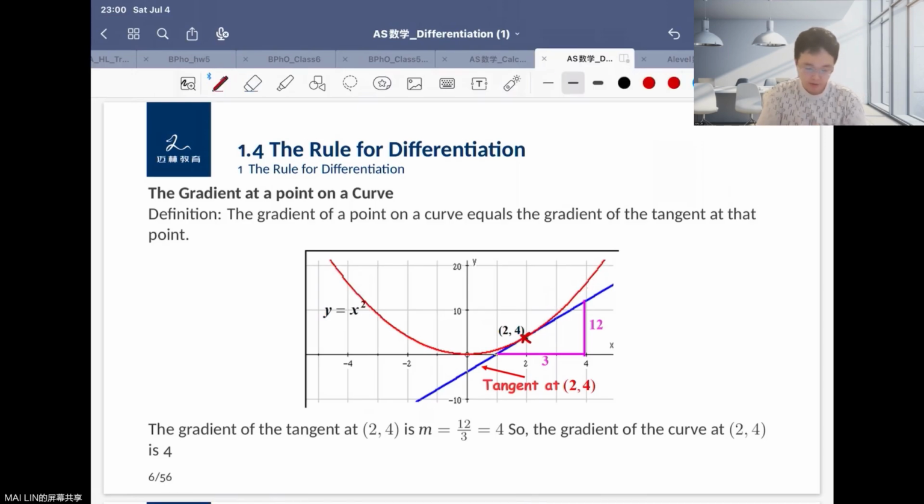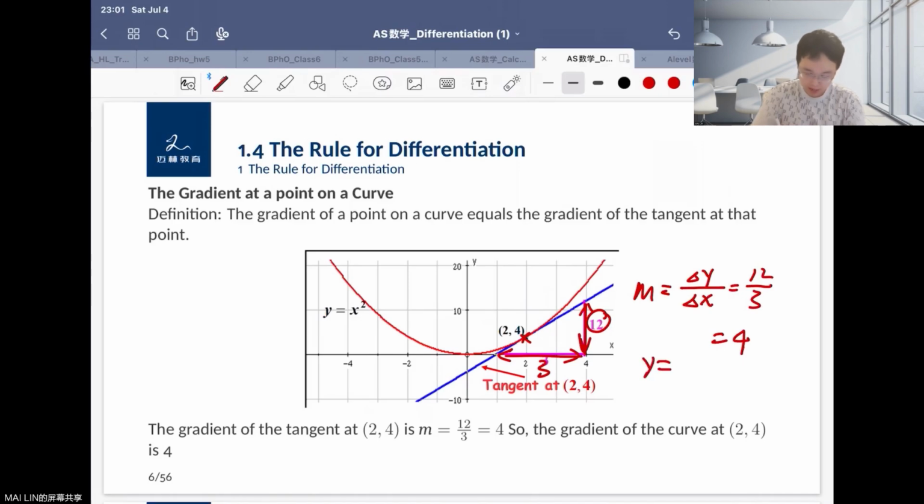We draw a tangent across (2, 4). Here the change in y is 12 and the change in x is 3, so the gradient m equals the change in y over the change in x, which is 12 over 3, which equals 4. The gradient is 4.